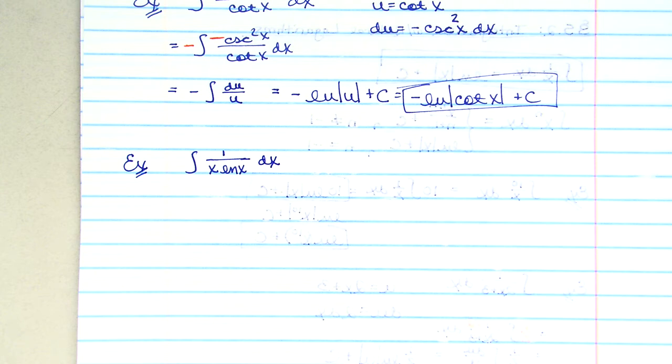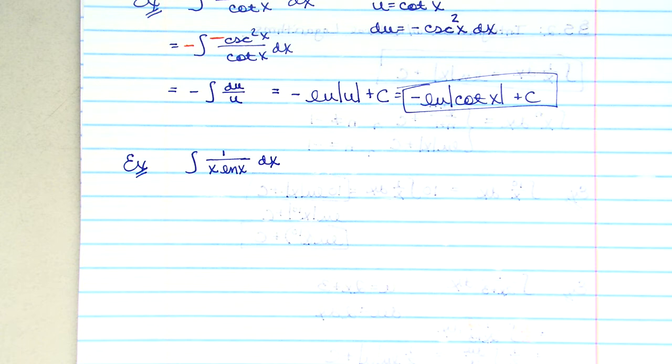What's the integral of the natural log of x? No, that's the derivative. That's the integral of 1 over x. The derivative of 1 over x is negative 1 over x squared.